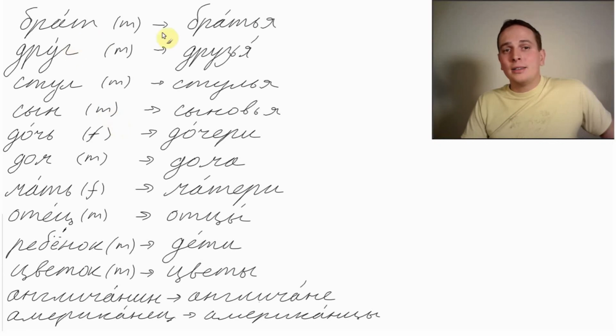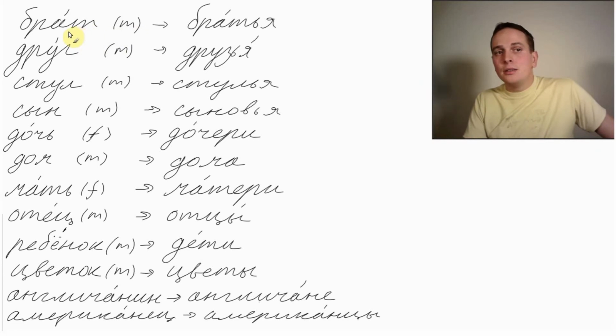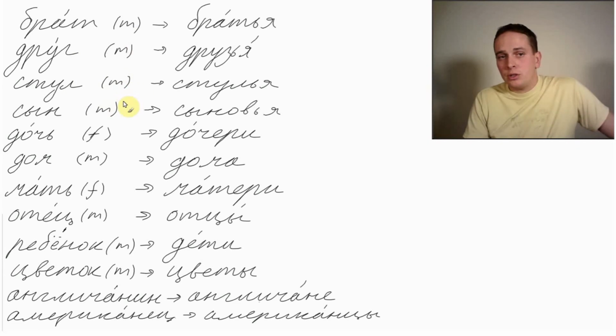So, брат, братья, brother, brothers; друг, friend, друзья, friends; стул, стулья, chair, chairs. The gender is again like everything that ends in т, г, and л has masculine gender, so there is no exception here. Сын, again, ends in н, it is masculine.